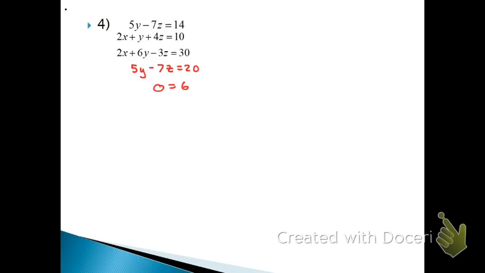Does 0 equal 6? Right away, your answer is what? No solution. Which means you have 3 parallel planes or lines. So like this one here is a line, and this line is parallel to these 2 planes. They never intersect.